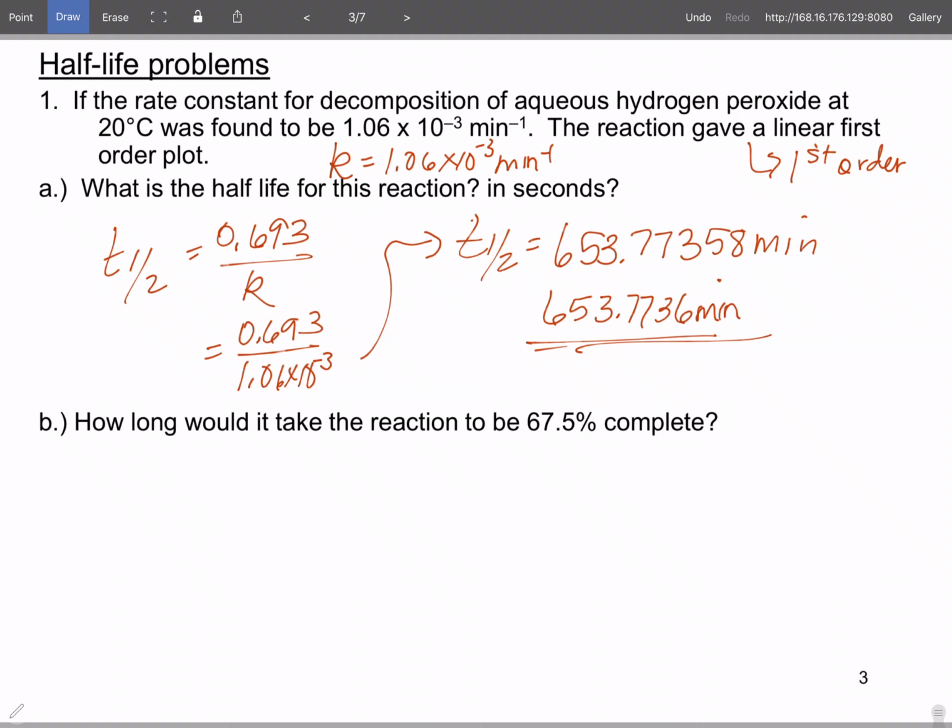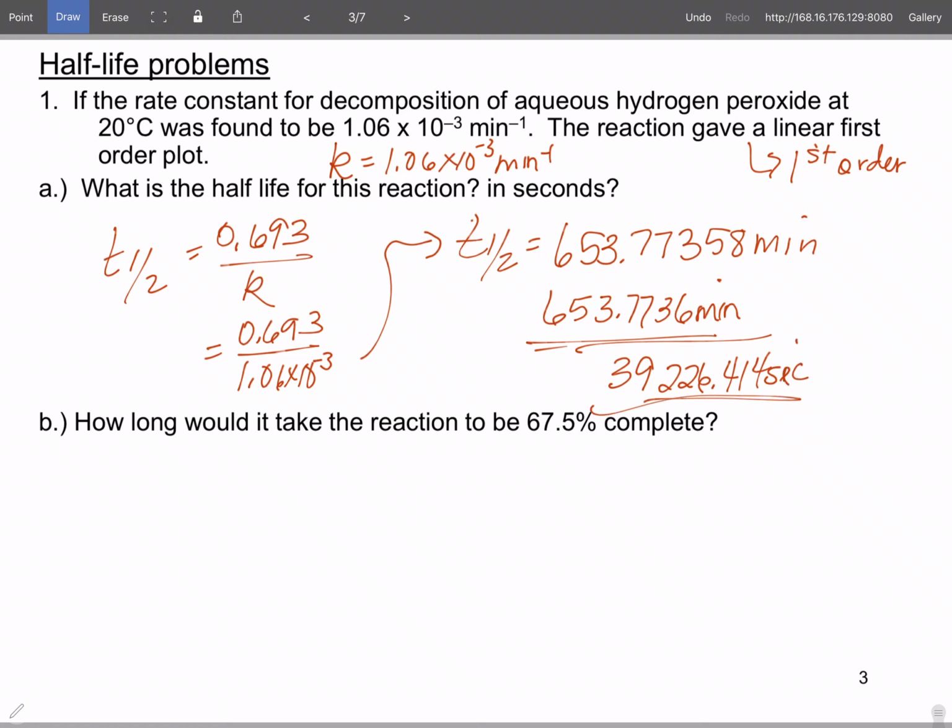Now, for some reason, people like to change the units. So if I don't specify, oh wait, I specified, see, bizarre. In this one, I could have left it at minutes, but if I convert it to seconds, it's 39226.414 seconds is my half-life.